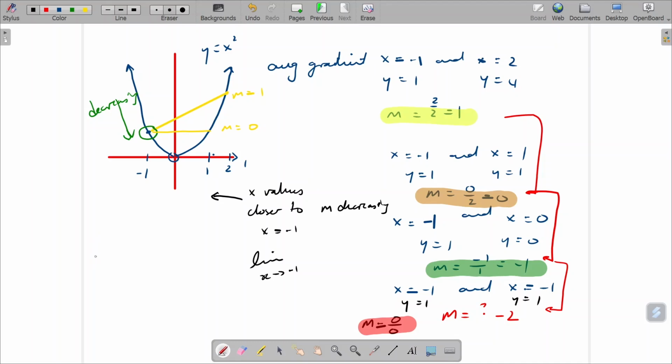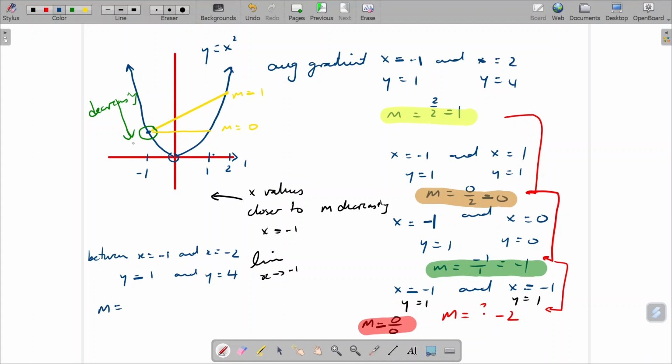However, let's go back into safer waters. Let's look at the average gradient between, let's pick blue pen again, so we can have our notes being consistent, between x equals -1 and x equals -2. So now we're going to get y equals 1 and y equals 4.